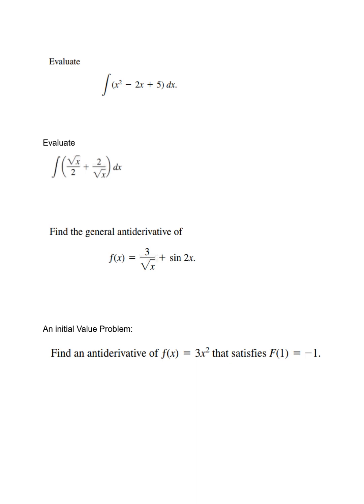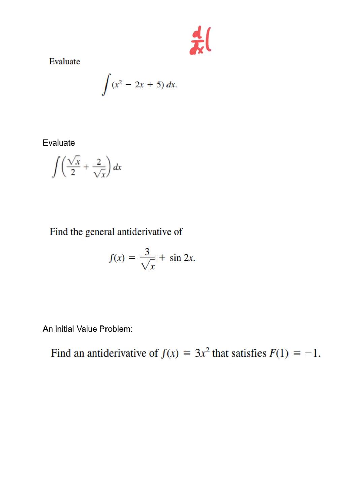So again, every time you're trying to take an integral, you know that you're going backwards, and you know that if you have something like this, which is a trinomial, you can just integrate each section. So again, think about how your derivatives work with polynomials.